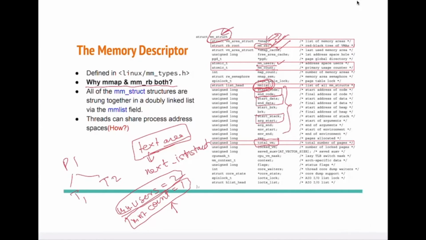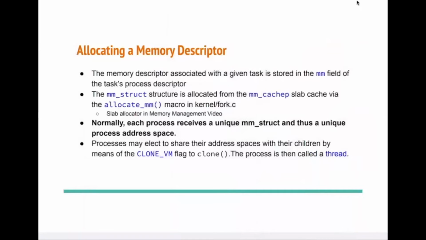And this question, whether threads can share the process address space, we will answer inside the next slides. When we allocate this structure, we are allocating it from the slab cache implemented inside the Linux kernel, with the help of this alloc function.